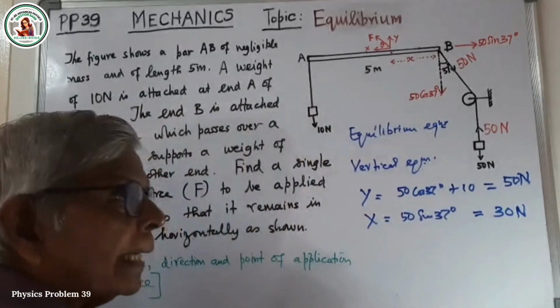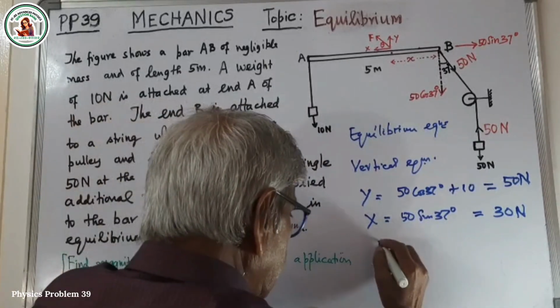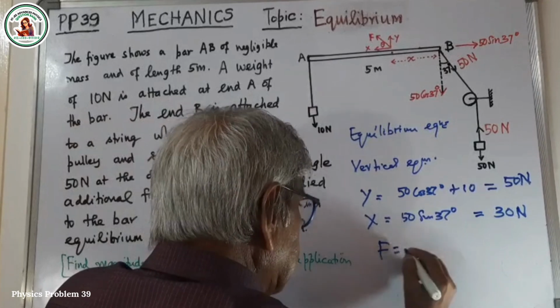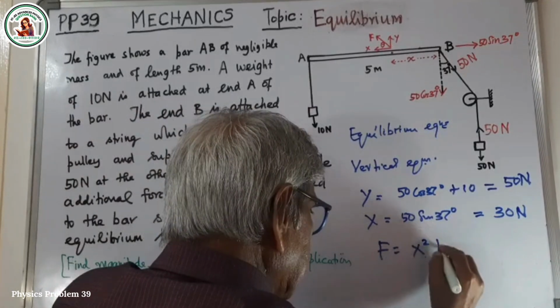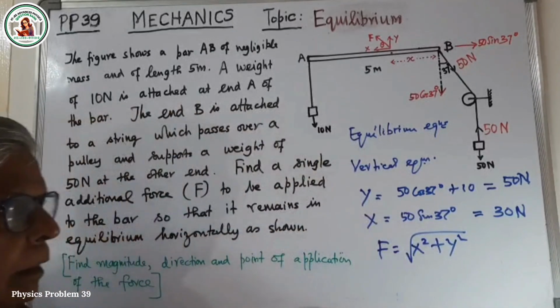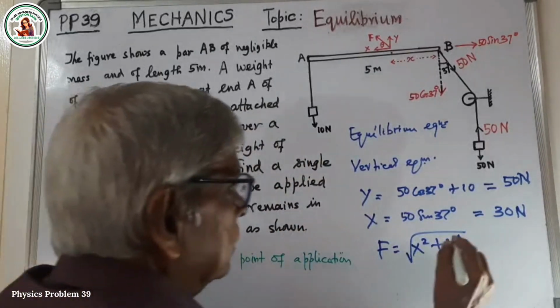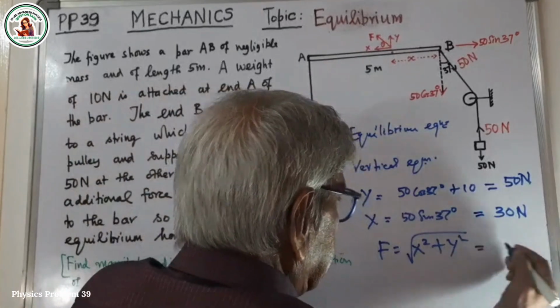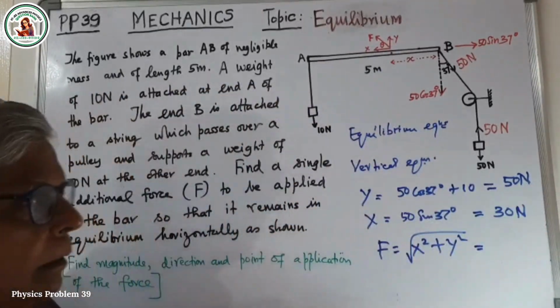So the required F, magnitude wise, is equal to the square root of x square plus y square. That is the required force, which is 50 square plus 30 square.